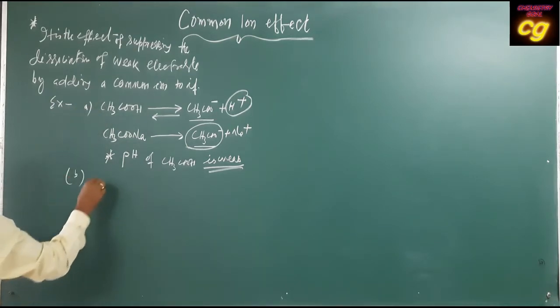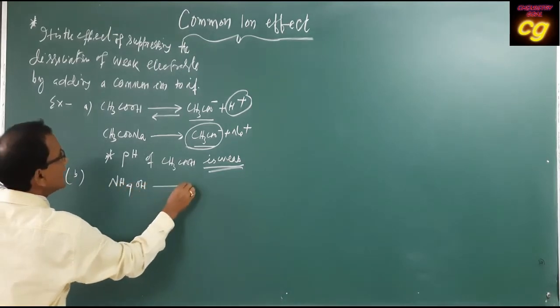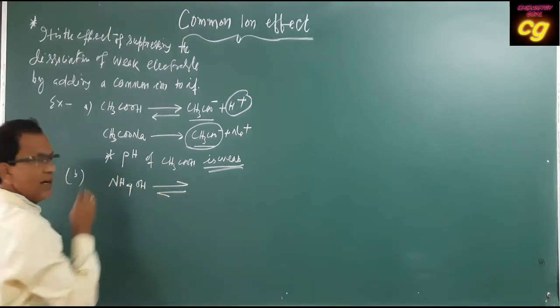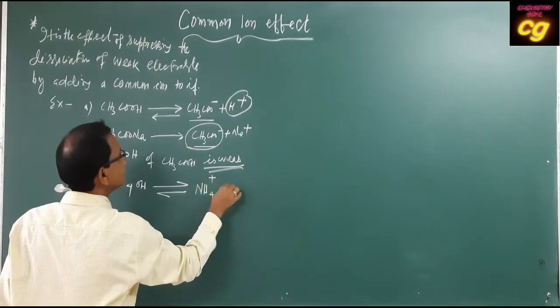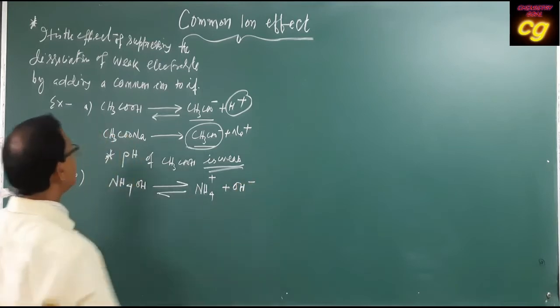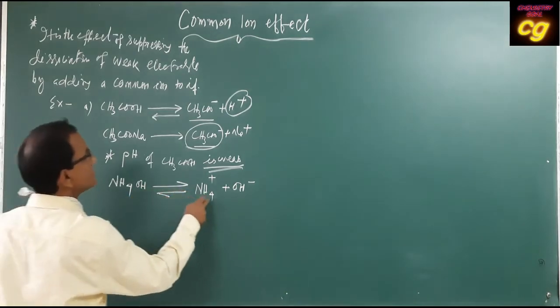Suppose ammonium hydroxide. We take ammonium hydroxide as the weak base. It will maintain equilibrium with its ions.